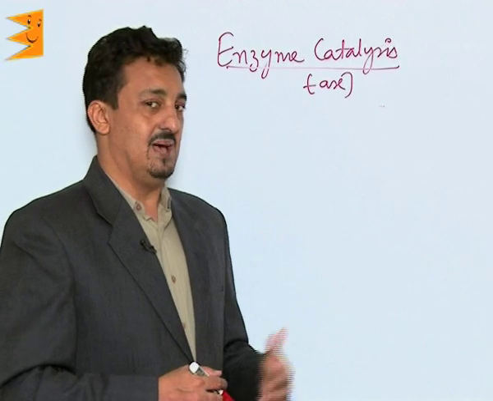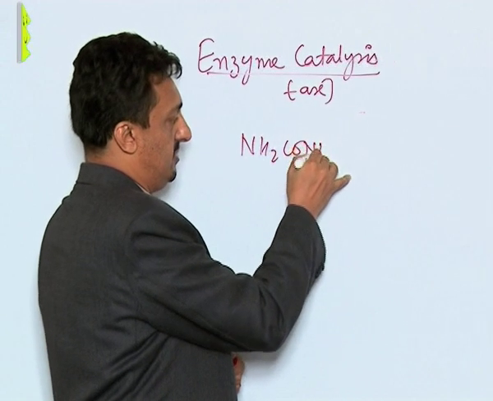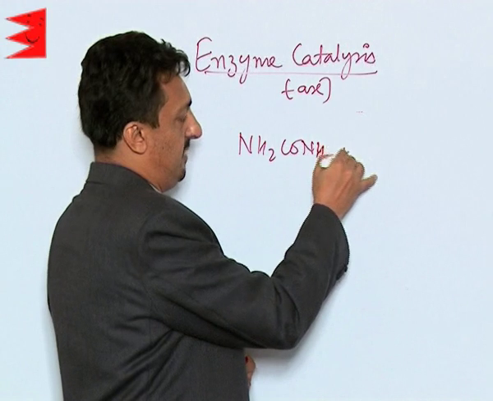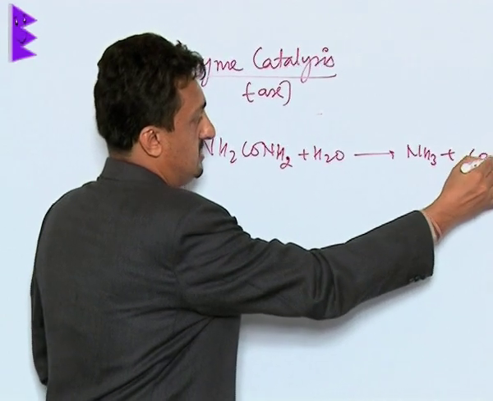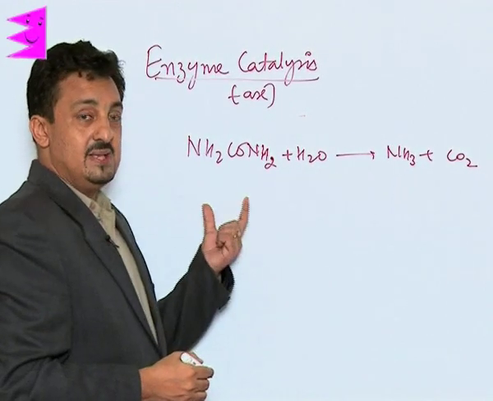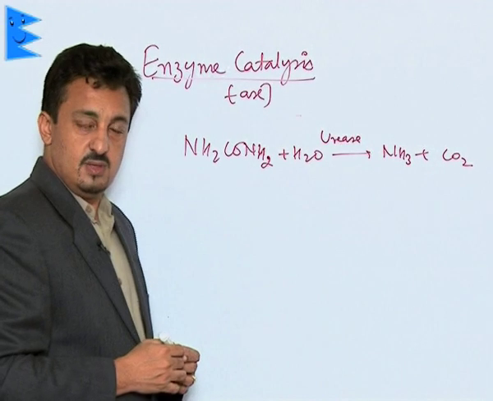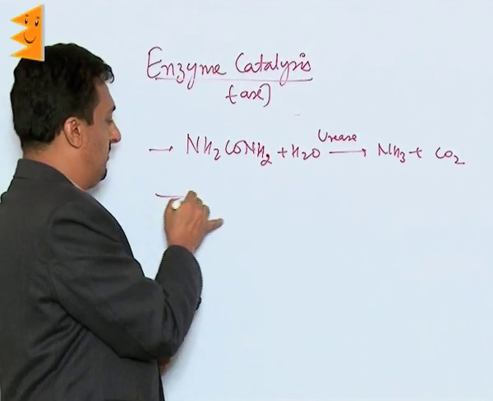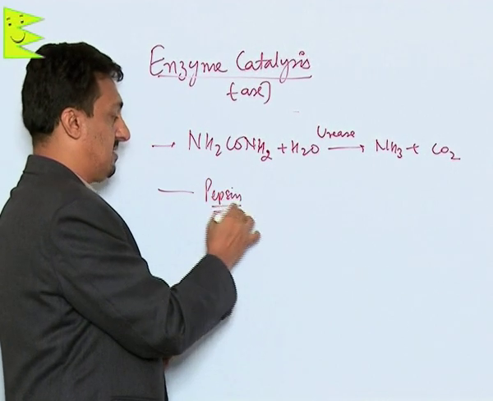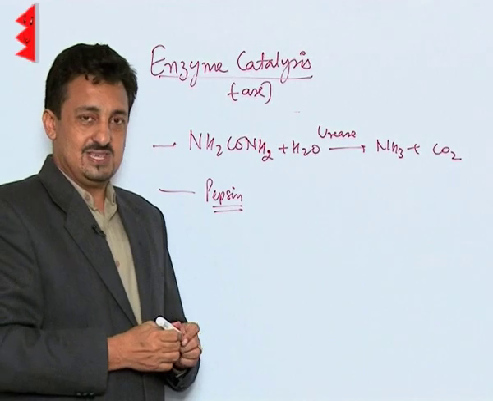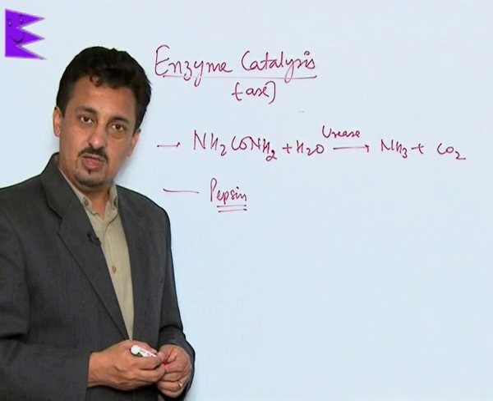Let us take some other examples. We know a urea molecule, NH2CONH2. In the presence of water, it is converted into ammonia and CO2 by the enzyme called urease. In a very similar way, we have pepsin, which is secreted in our stomach along with HCl to break down food substances, basically acting on protein molecules.